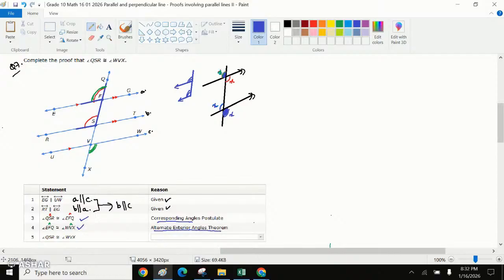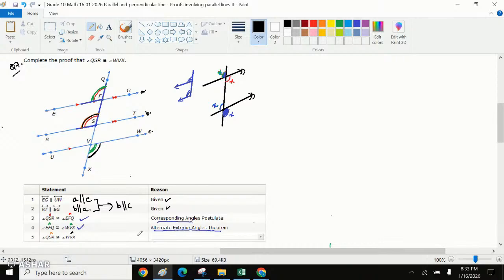So the last condition that we have is, they're saying QSR, this given angle, and QSR goes with WVX, where is W, V and X, then these two will be same also, right? And they have a congruence, they are the same.